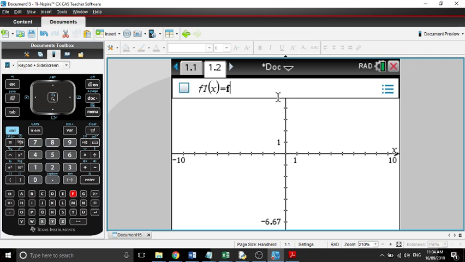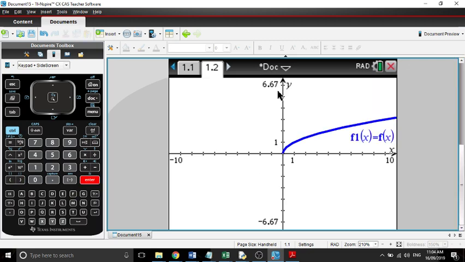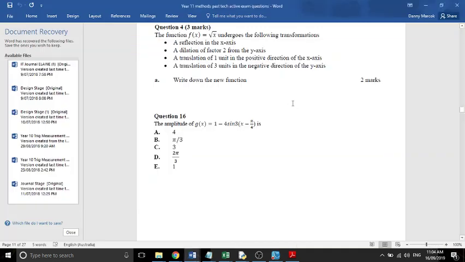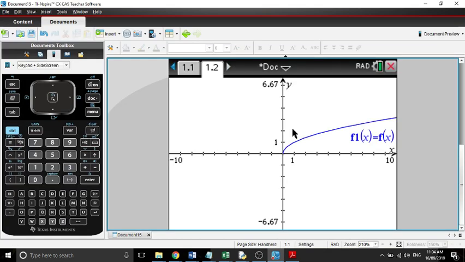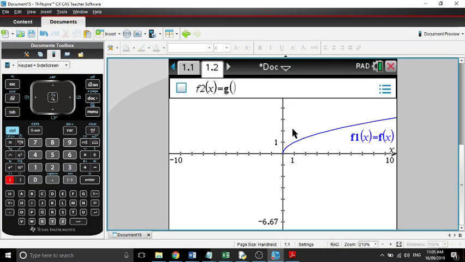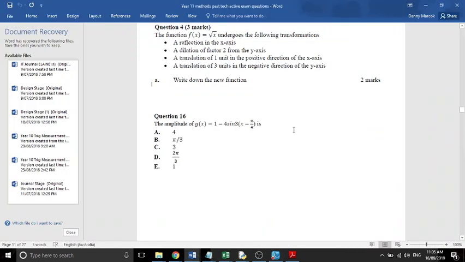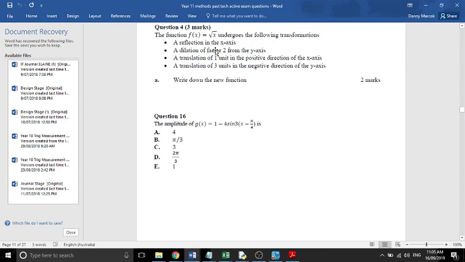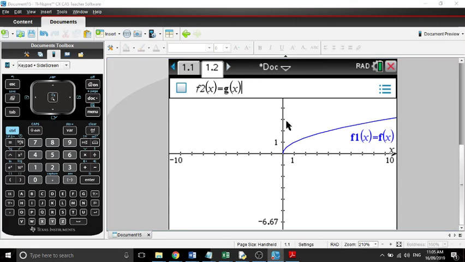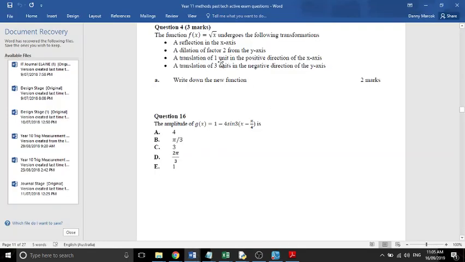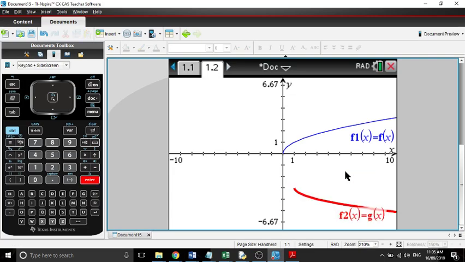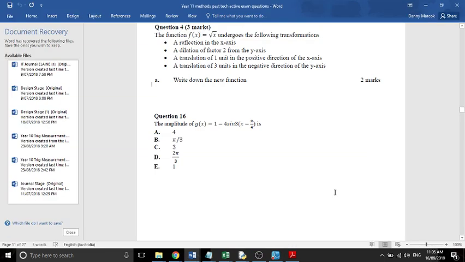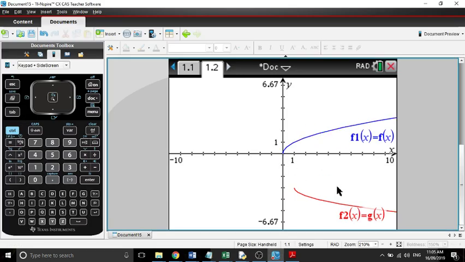We're going to say f of x looks like that, and for g of x, I'm expecting that it's been reflected in the x-axis, so I'm expecting it to go downwards. I'm expecting it to be dilated, so a little bit squashed. I'm expecting it to be translated 1 across to the right, and down 3. So let's have a look. It's down 3. So that's what's happened with that one there.